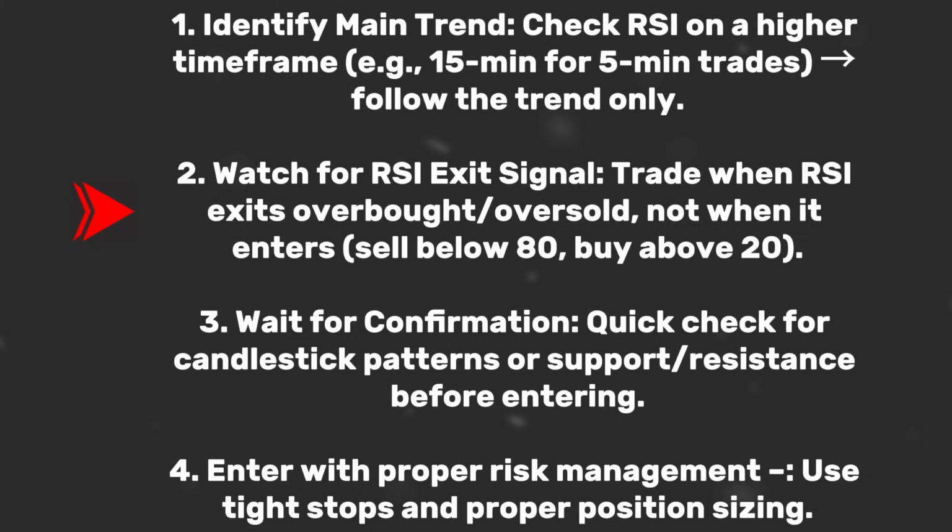Sell when it drops below 80, buy when it rises above 20. Not when it enters those zones. Before you enter, quickly check the chart. Is there a candlestick pattern or a support or resistance level? Finally, use tight stops and manage your position size carefully. By following these steps, you avoid hidden traps, filter out most false RSI signals, and turn RSI into a reliable tool rather than a dangerous one.